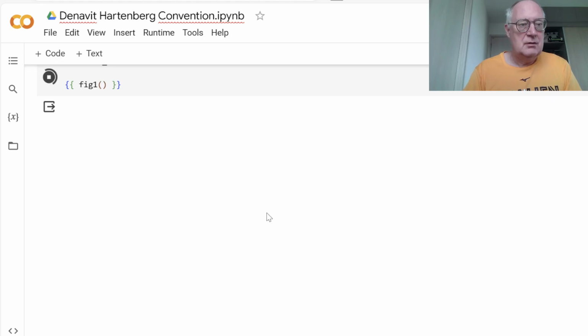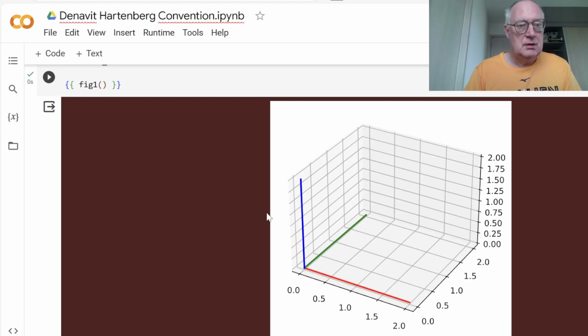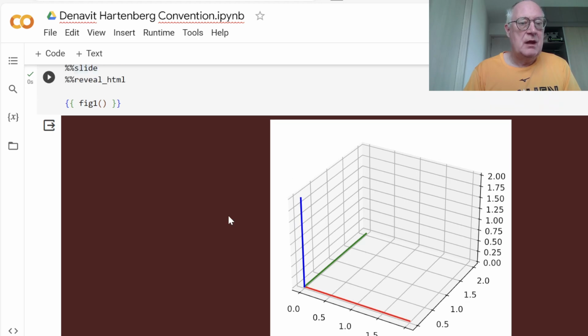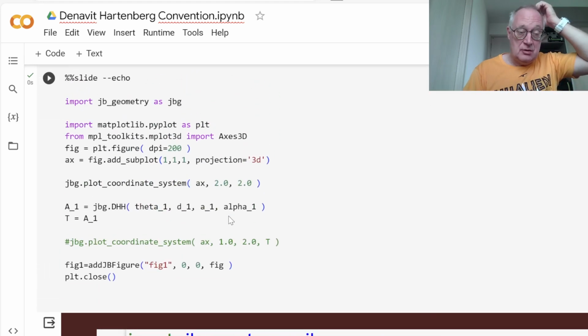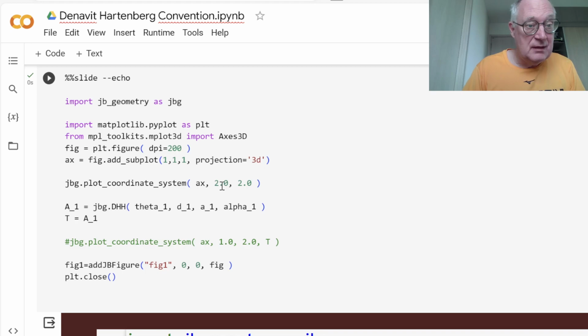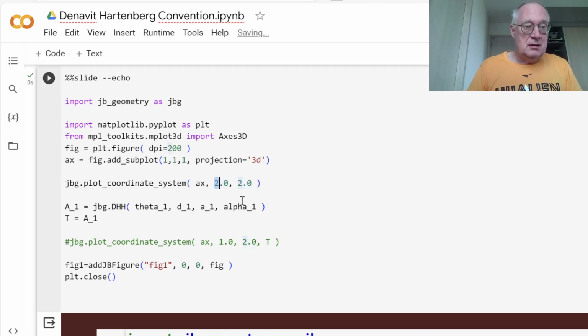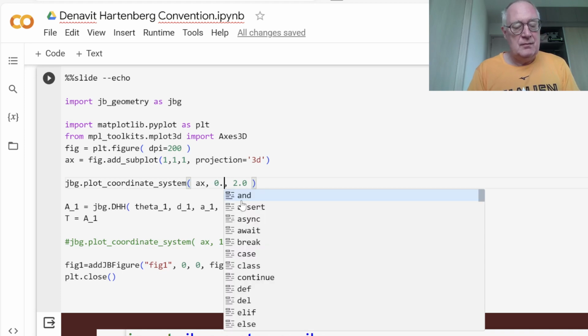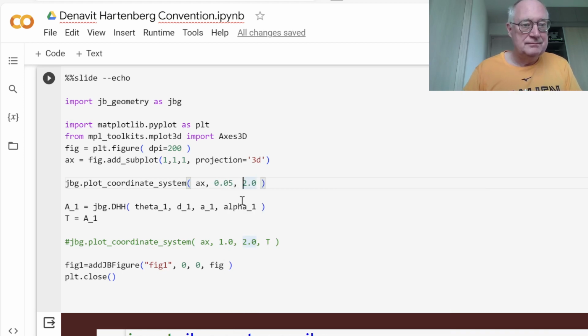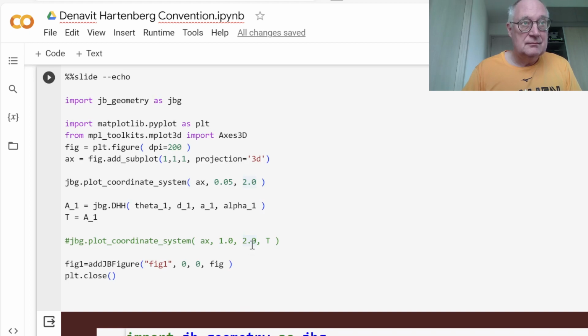God, Z is now so small. Is the overlay? Because now my thing is 2 meters long, so let's make it 25 centimeters long. No, actually.